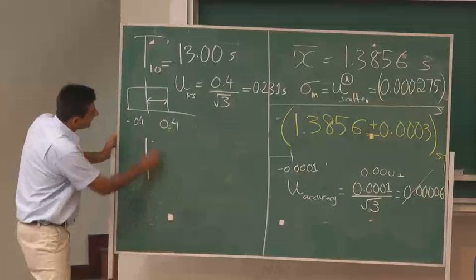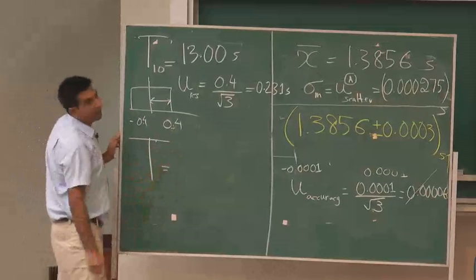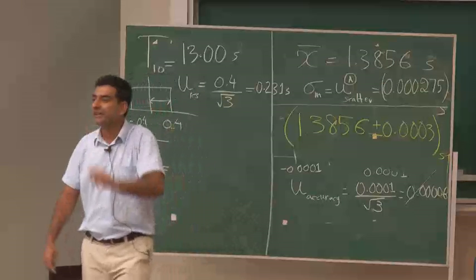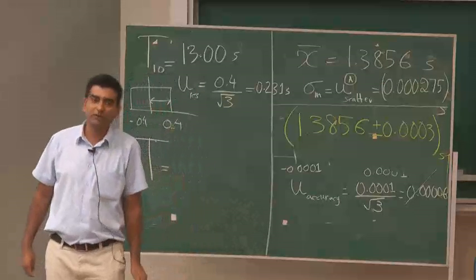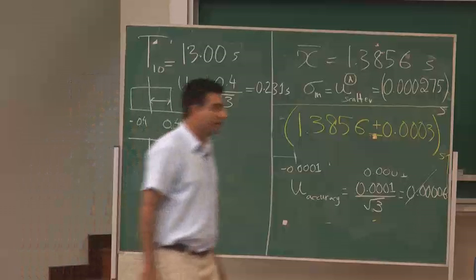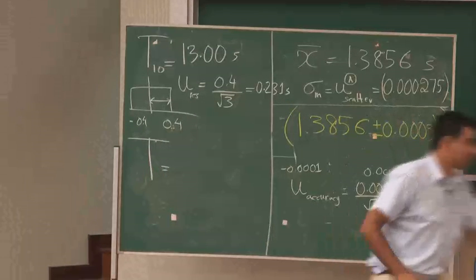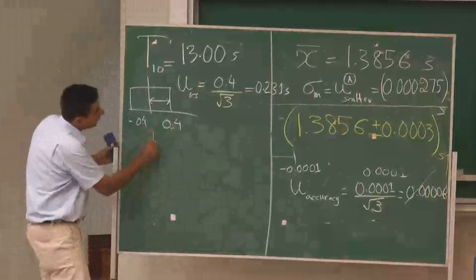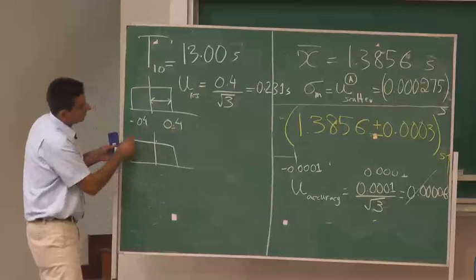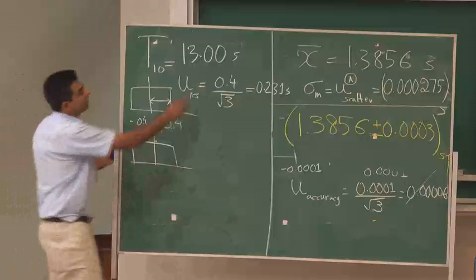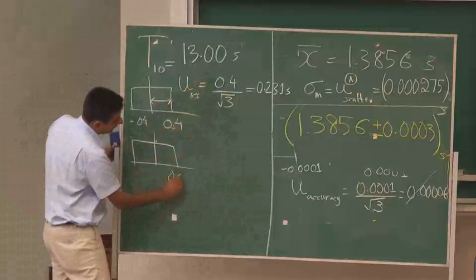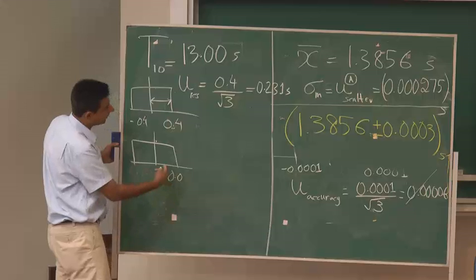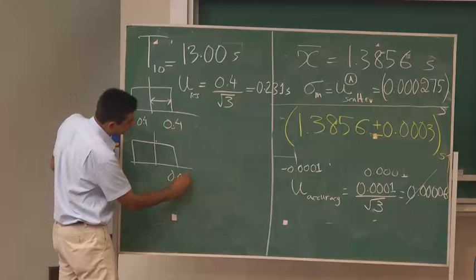So my best estimate for the time period is going to be, oh, there's another source of uncertainty, the finite scale of the stopwatch. Why have we forgotten that? So if we look at the finite scale of the stopwatch, we can associate with it a uniform probability distribution function. So the least count is 0.01. Alright, so you take half of it, this is 0.005.